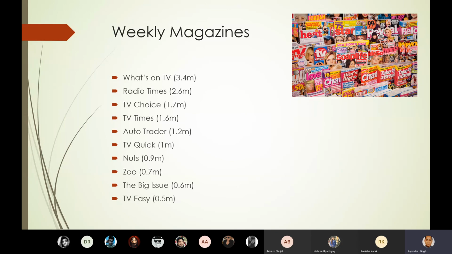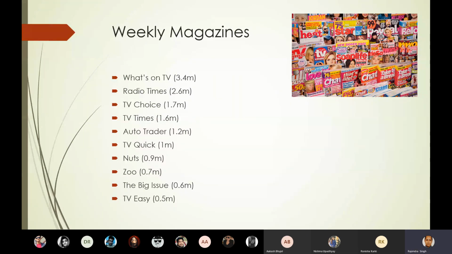The second highest read weekly magazine is Radio Times. I would assume it's equivalent to What's on TV, but for radio. Some of these magazines may be available to customers for free.